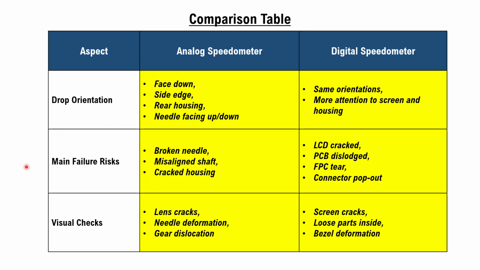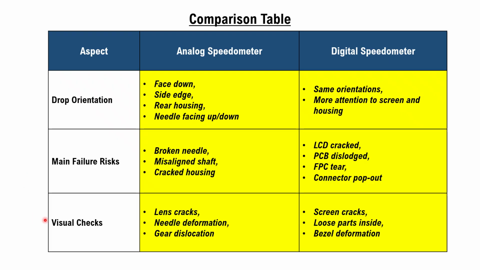In case of drop test, the aspect of main failure risk. In case of analog speedometers, such as a broken needle, misaligned shaft, and cracked housing. Where in case of digital speedometer, LCD cracked, PCB dislodged, FPC tear, and connector pop out.